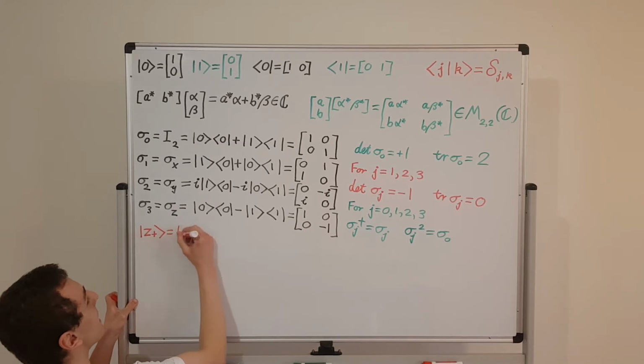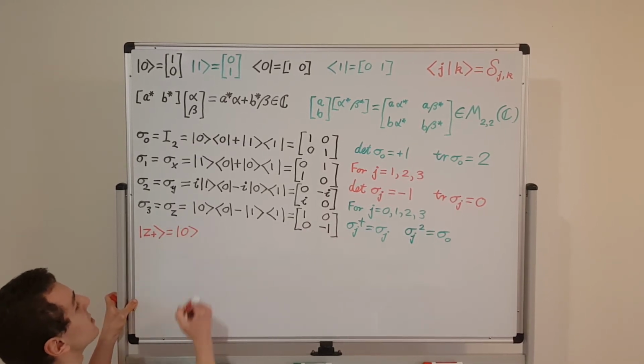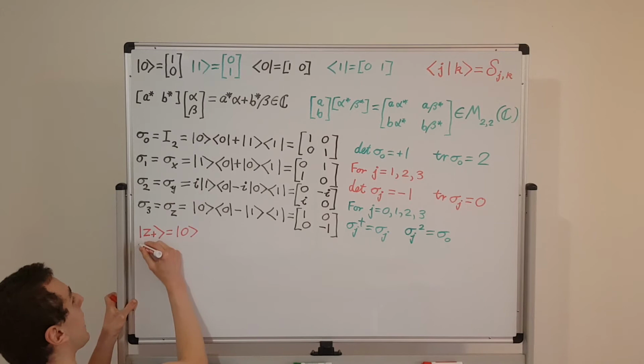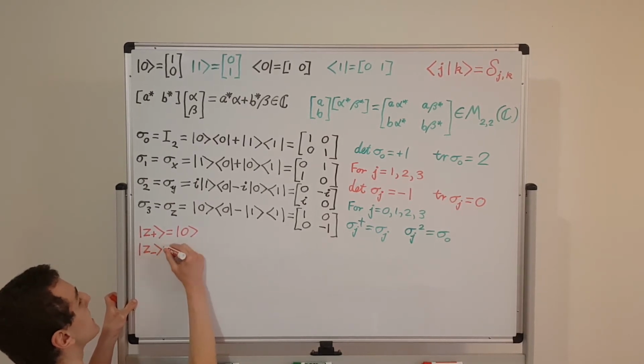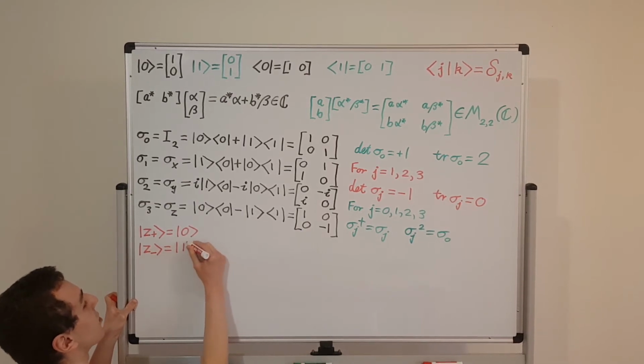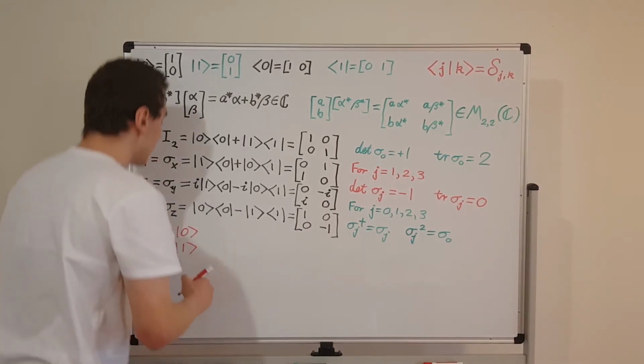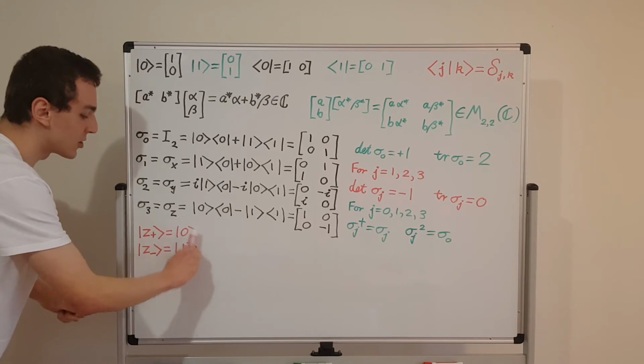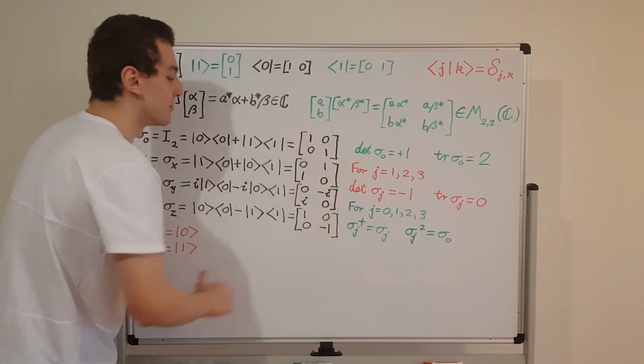That is the same as this 0 ket that we're using over here. And the eigenvector for the Pauli z operator with minus 1 is the same as this ket over here with a 1. So these two are the basis vectors that we're using to represent all of these matrices.